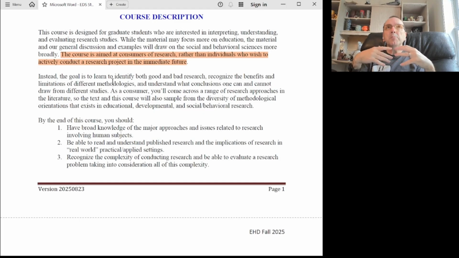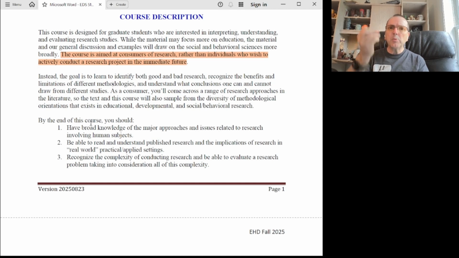This is for people to be informed consumers of research: to learn how to find research, how to evaluate journal research articles or other sources of information from the research, and how to understand the strengths and weaknesses of different types of research studies. So we're targeting consumers of research, so you can be a knowledgeable, informed consumer of research.